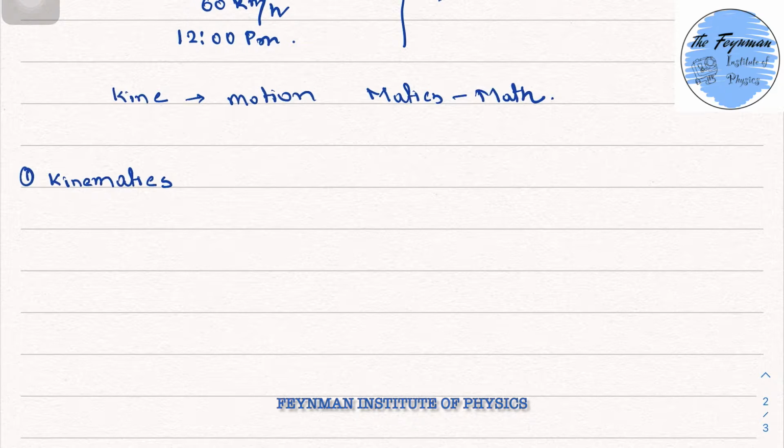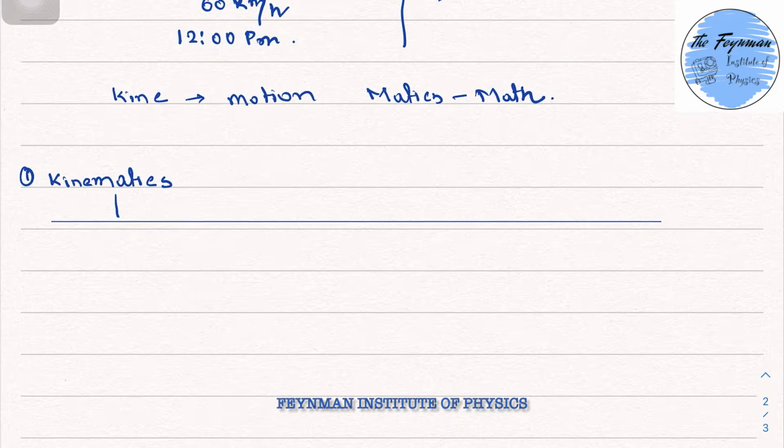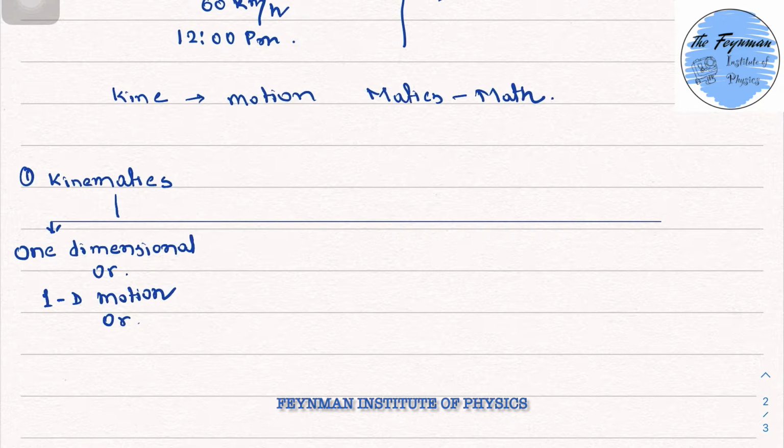The first one is one-dimensional motion or 1D motion or rectilinear motion, as the motion is always occurring along a particular straight line.